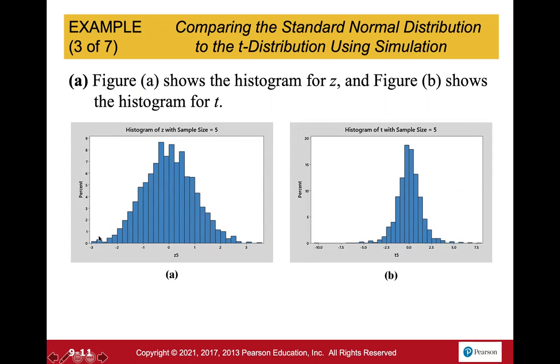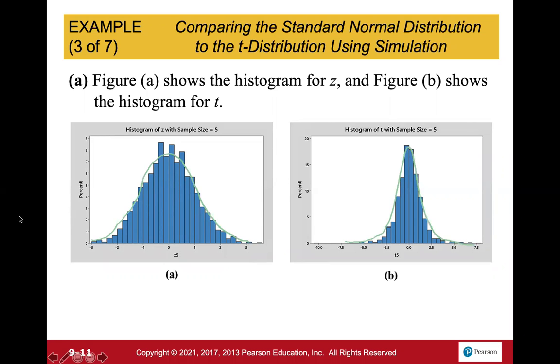For the normal distribution, we got the data, it looks roughly symmetrical, and by that we mean roughly bell-shaped. But if you look at this too, it looks roughly bell-shaped as well. So both of them look roughly bell-shaped, so we can keep that in mind.